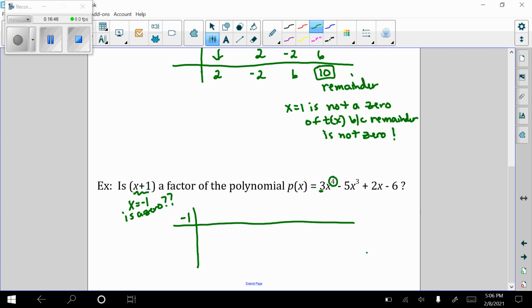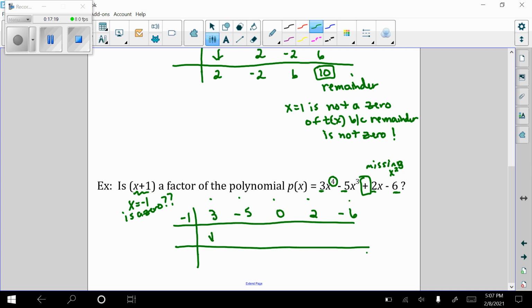If you look, you're only going to have 1, 2, 3, 4, so I am missing a term in here. I'm missing x squared. So I have to do a placeholder and put a 0 in that place. I'm going to have 3, -5, 0, 2, and -6. So there's 1, 2, 3, 4, 5 terms. Make sure they're in order by degree.